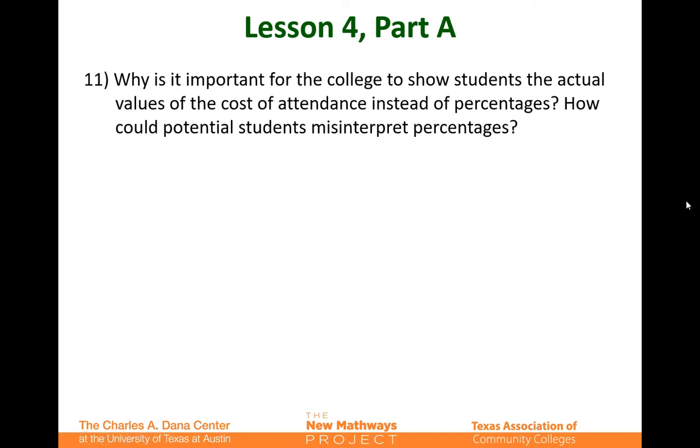Why is it important for the college to show students the actual values of the cost of attendance instead of percentages? How could potential students misinterpret percentages? Well, these are questions just to discuss and think about, but most of us understand the bottom line is how much money will I need?